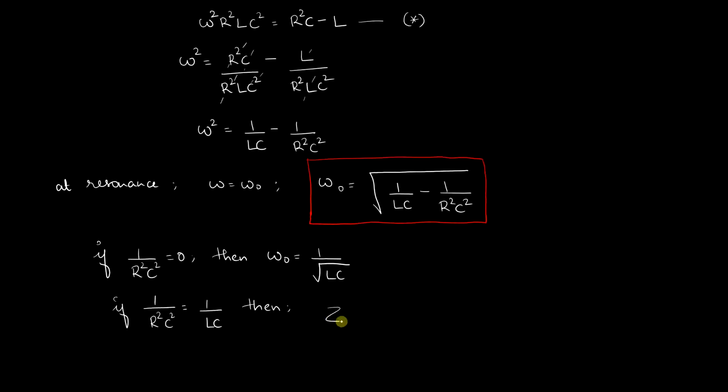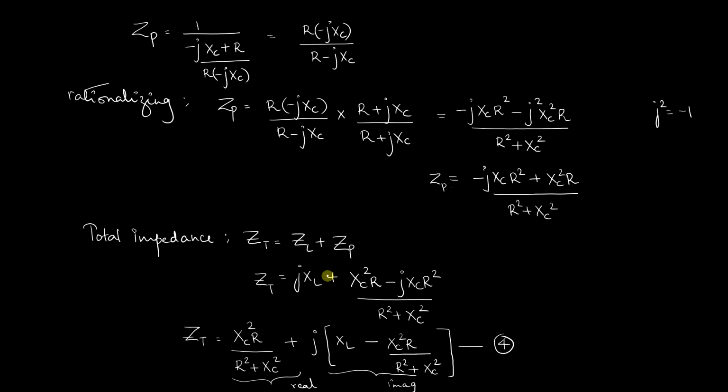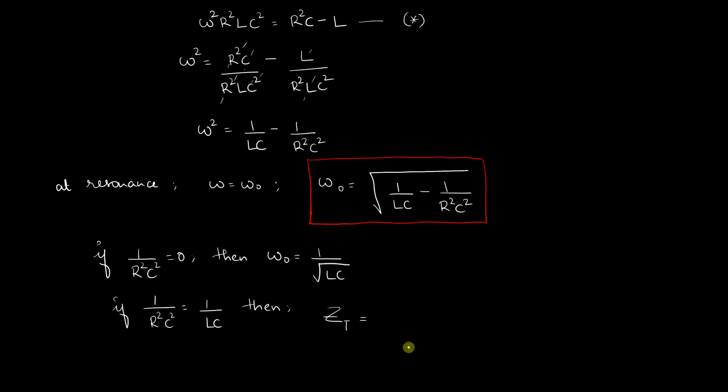So ZT in that case will be equal to only the real part, which corresponds to XC square R divided by R square plus XC square. So I can write this as XC square R divided by R square plus XC square.